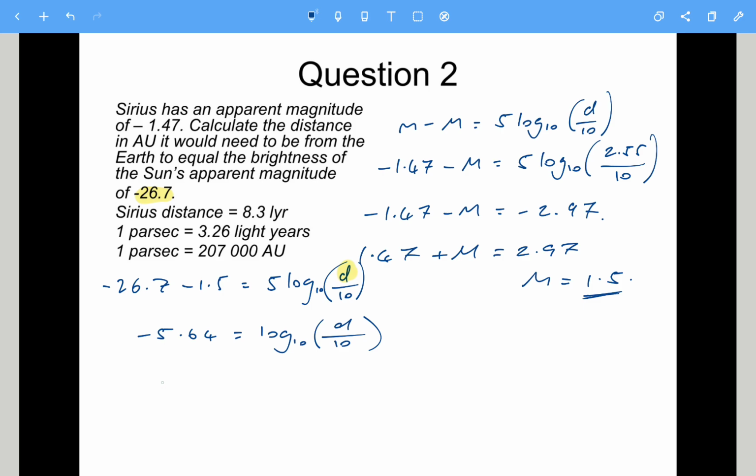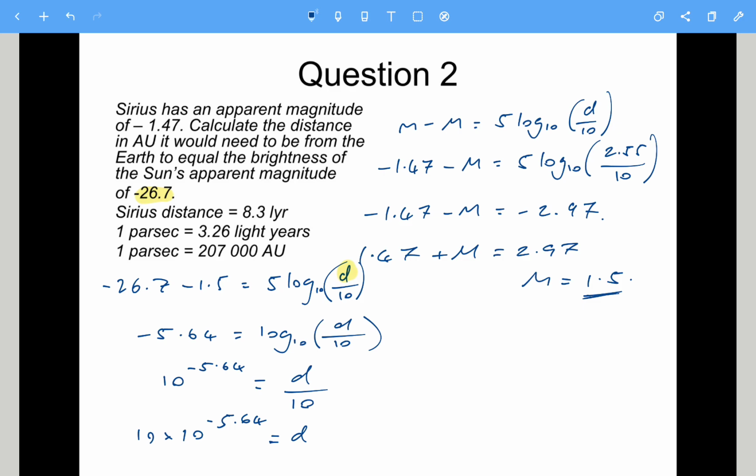So we end up with 10 to the minus 5.64 equal to the distance we're looking for divided by 10. To get rid of the divide by 10, we times by 10, so 10 multiplied by 10 to the minus 5.64 will give us the distance we're looking for in parsecs.